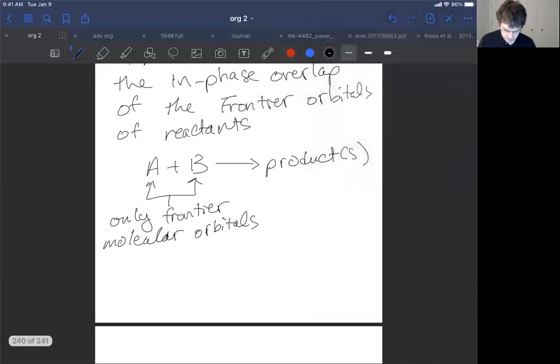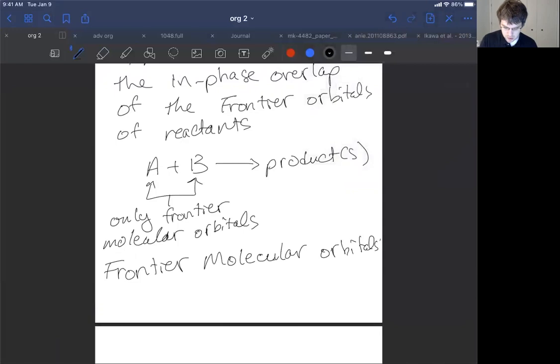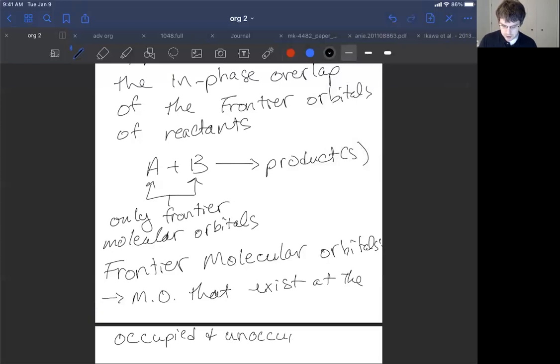The frontier molecular orbitals are the molecular orbitals that exist at the occupied and unoccupied interface.